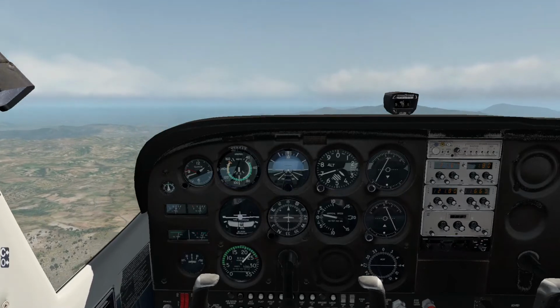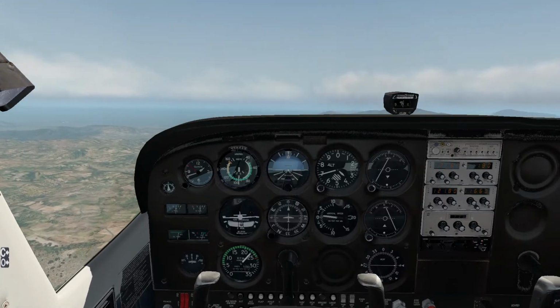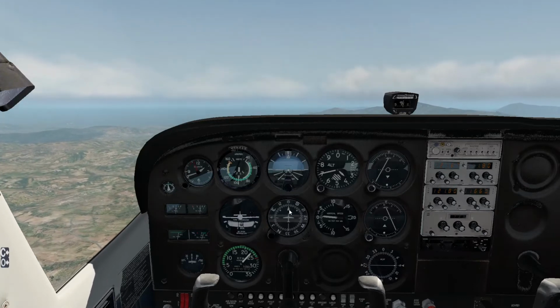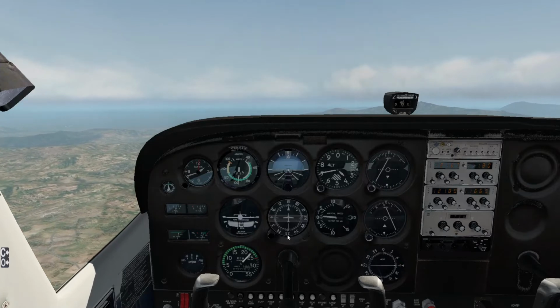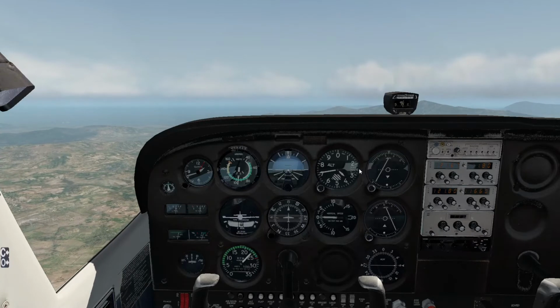So now let's see how we would perform a more coordinated climbing turn. Let's assume that we need to change heading by 180 degrees, so to roll out at the new heading of 330, and at the same time gain altitude of 500 feet.